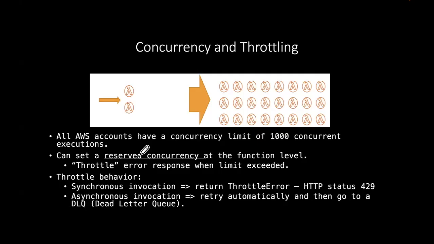Supposing I'm able to generate 20 concurrent invocations of that URL, and I've set the reserve concurrency of my Lambda function to be 10, then the first 10 will get through. It'll create 10 micro VMs, but the Lambda service is going to return a throttling error for the other 10 requests. And a throttling error in HTTP terms is a 429 status error response.